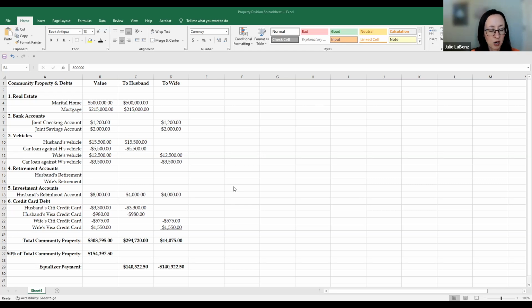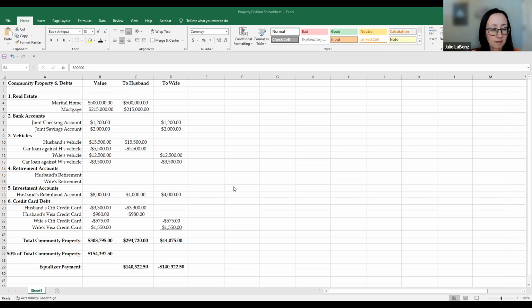Again, there's other types of property you can list on here, and you want to be comprehensive. You want to include everything. Life insurance policies are another thing. If they have a cash value, you still need to assign the policy whether it has a cash value or not. But if it has a cash value, that makes it more important to include on your asset division spreadsheet. I'm just trying to think if there's any other property we want to talk about.